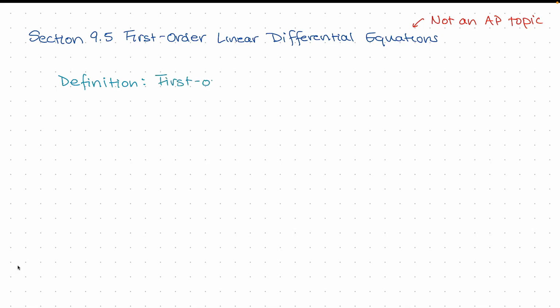Definition. First order linear differential equations. I wish these had a shorter name though. Actually, the longer hangman words are usually the easier ones because there are so many letters.